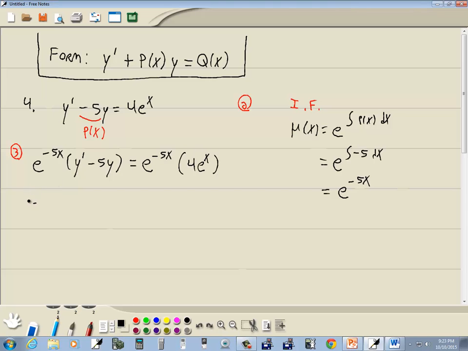Over here, we got e to the negative 5x y prime minus 5e to the negative 5x y. And over on this side, the 4 is out in front. e to the negative 5x times e to the positive x. Since they're both e to a power, I'm going to add the exponents. Negative 5x plus x gives us e to the negative 4x.